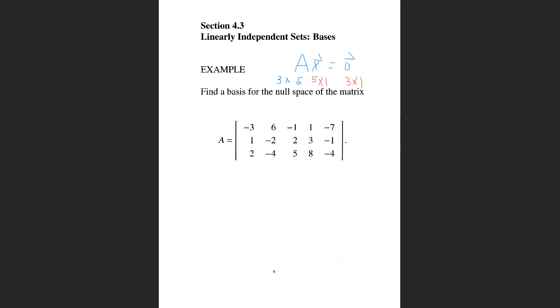I like to know any information I have to help me understand what I'm doing. So how do I find the null space? I solve for this solution vector X to the matrix equation A times X equals the zero vector.